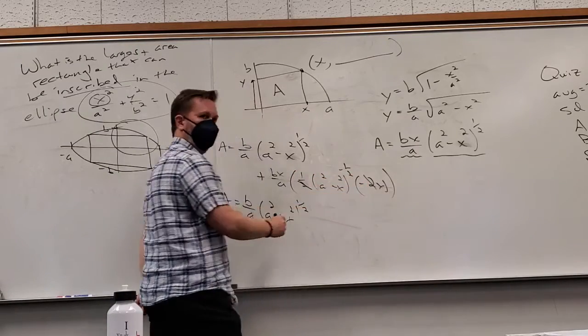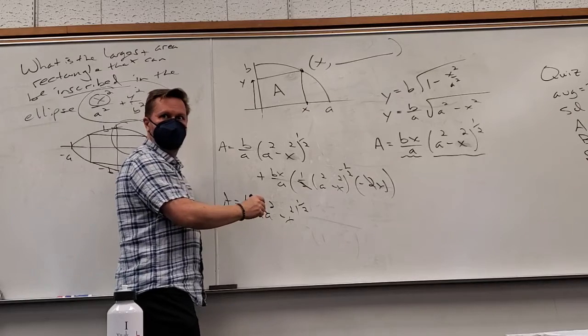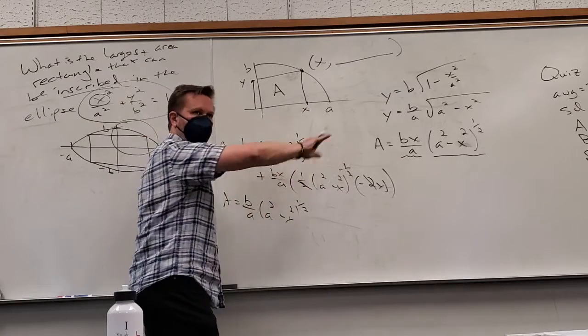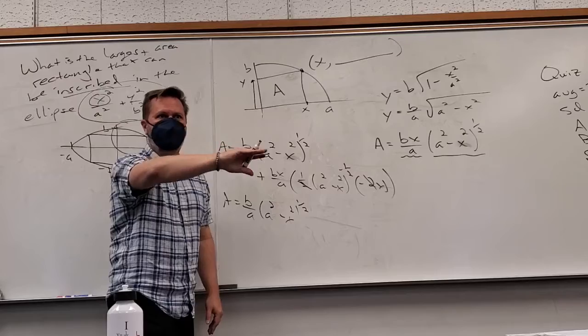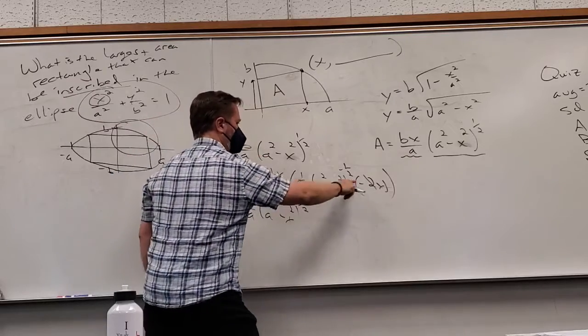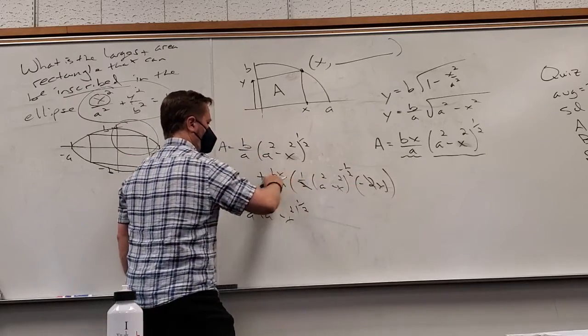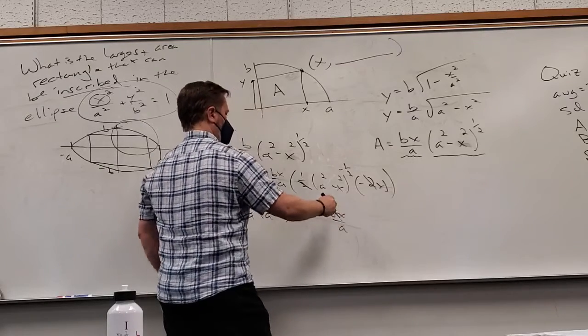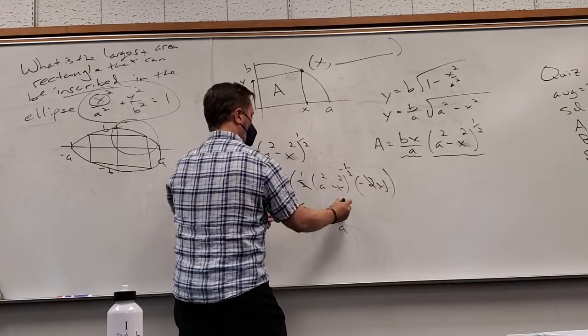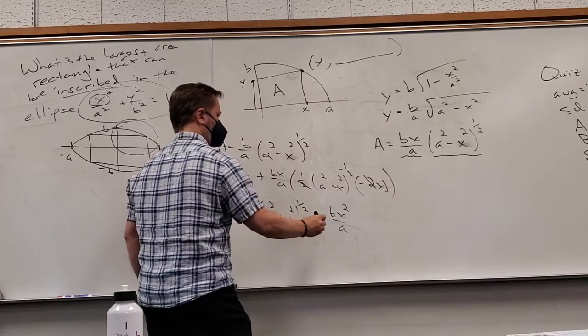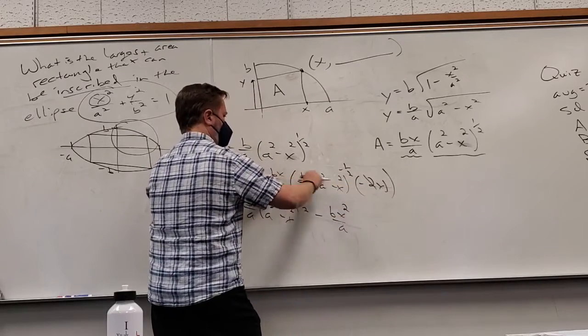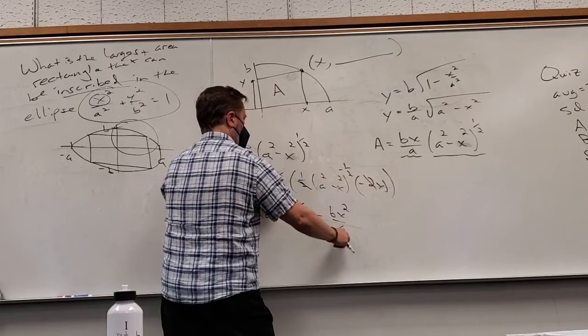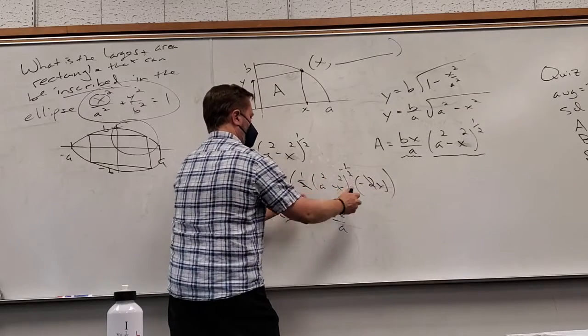You guys see that? 1/2 times 2 is gone. I'm going to bring the negative out front. And you got an x here, right? So it's actually bx squared. Is everybody with me? Bx squared over a times this.